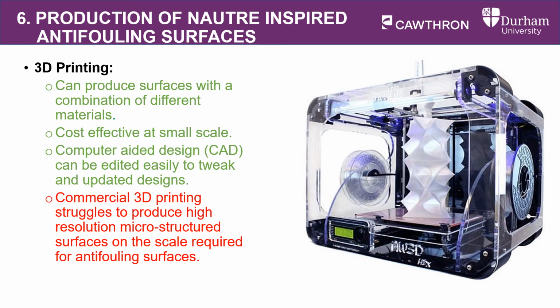This makes them very useful for research, where they can be used to produce a range of surface topographies with different materials, or even with a combination of materials. They can therefore be used to engineer substrates to have specific physical and chemical properties. However, many commercial 3D printing technologies lack the printing resolution required to produce micro or nano-textured surfaces.